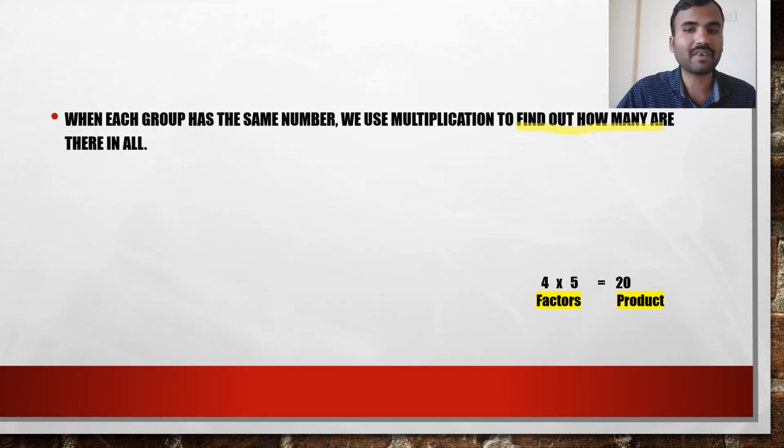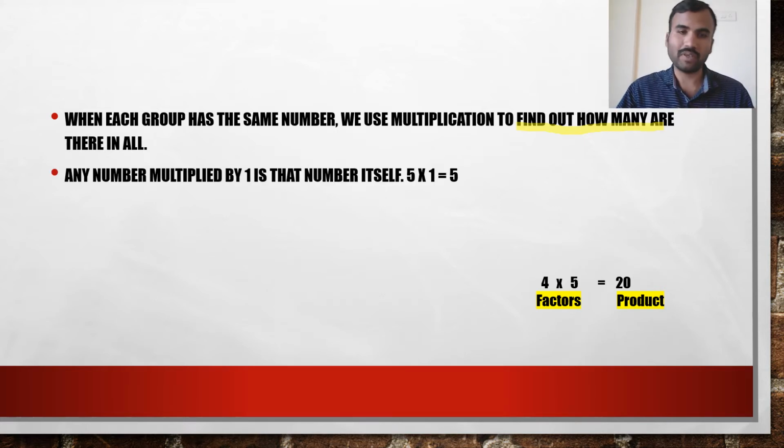So here we have a sentence: when each group has the same number, we use multiplication to find out how many are there in all. You have just observed one example, right? So come to the next point.